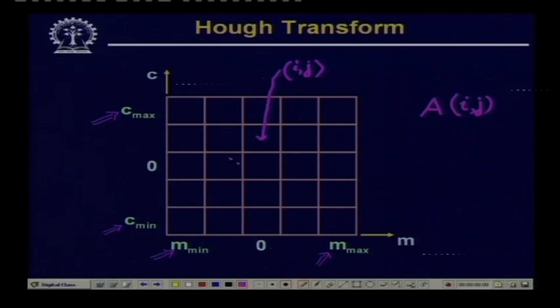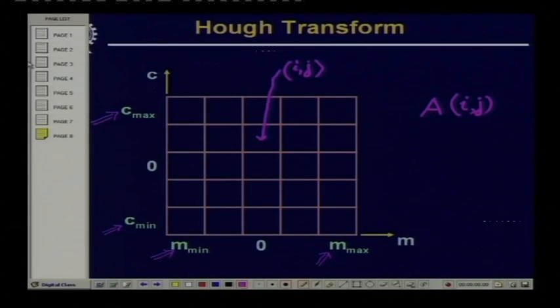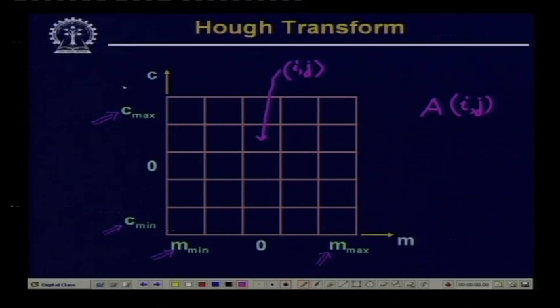So, this A i j, this particular i jth cell, corresponds to the parameter values, let us say m i and c j.